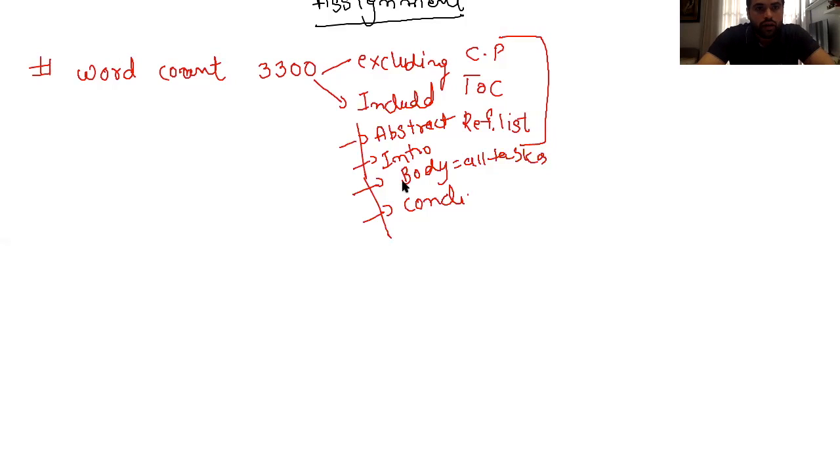So this is completely your plan for how you're gonna attempt your question. But if you don't know how many words to use in the introduction and conclusion, I can help you. So don't worry.